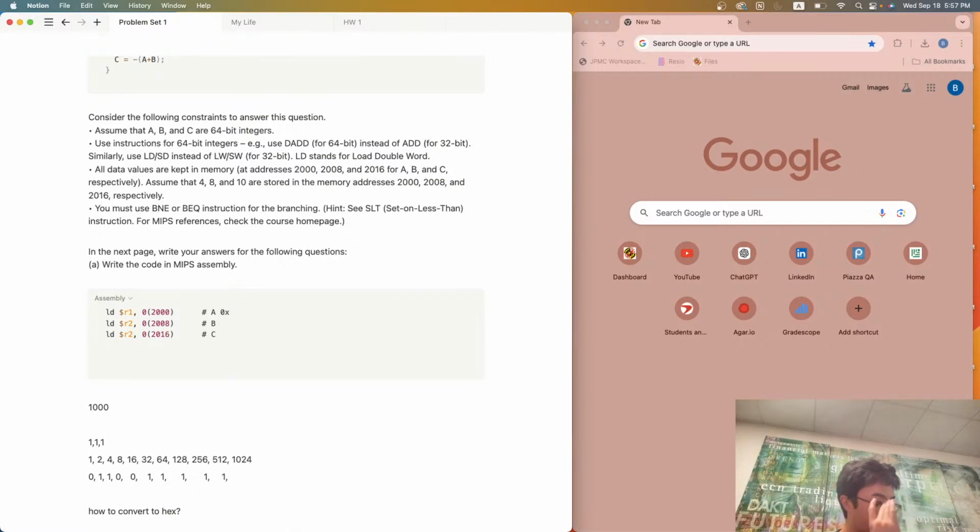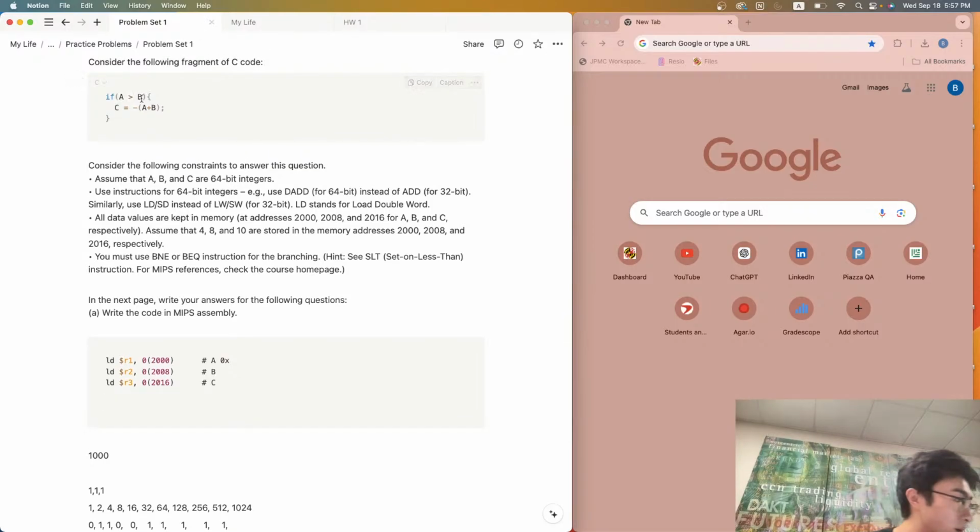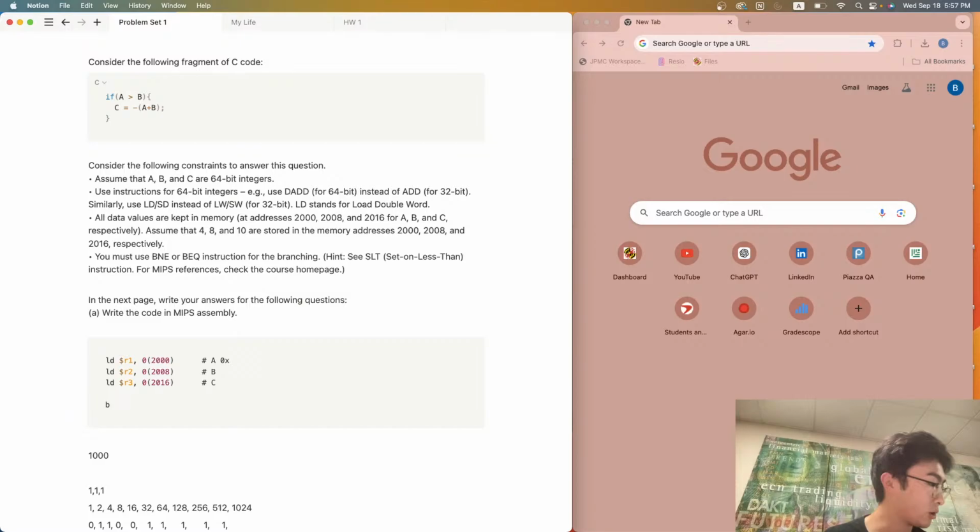we loaded these double words into our registers, R1, R2, let's do R3. So once we have them, what we want to do then is we want the negative A plus B. Okay, so think range, greater than, call this less.